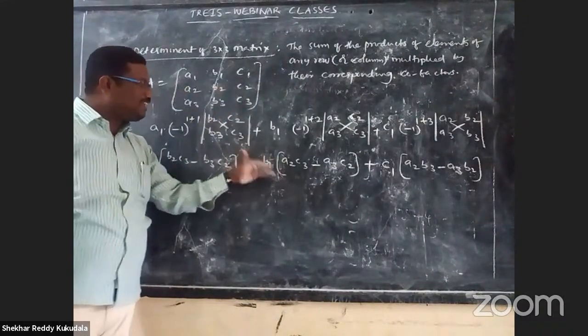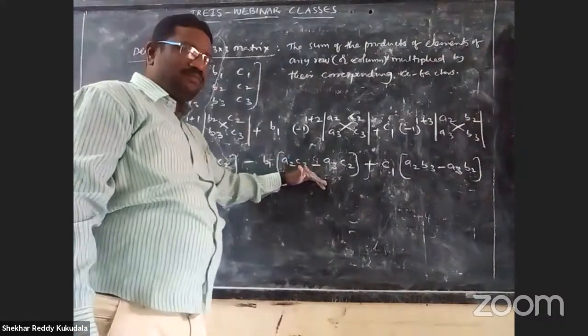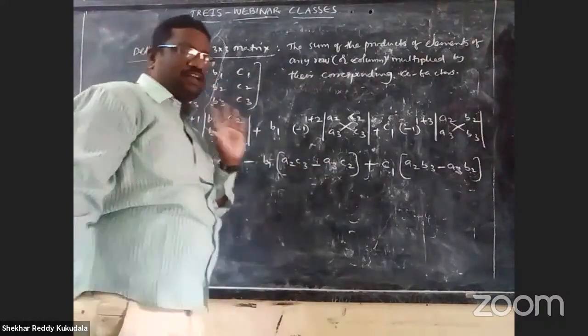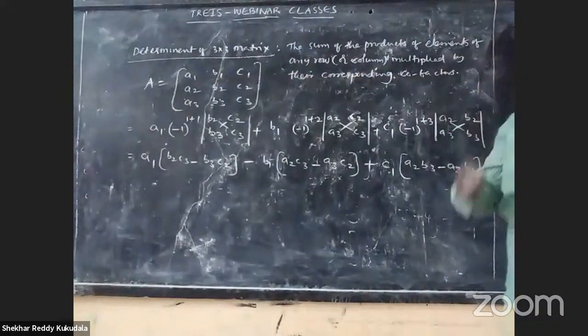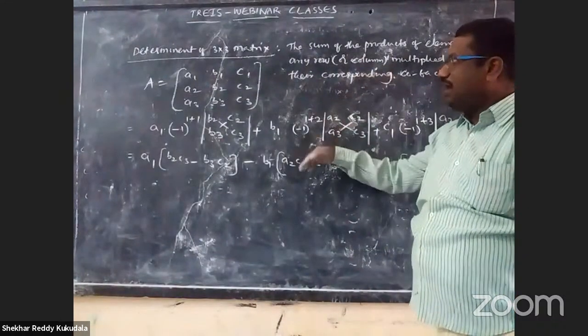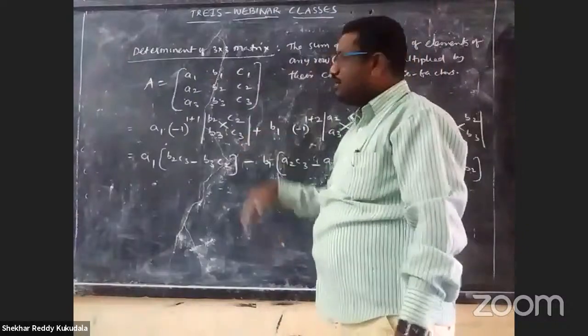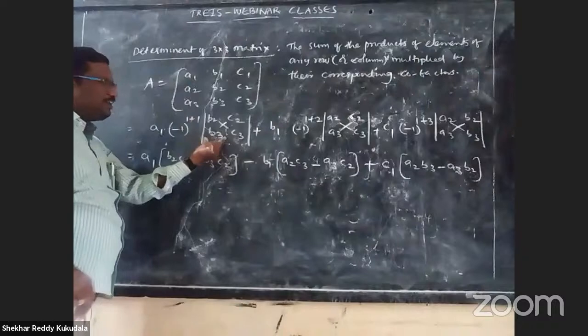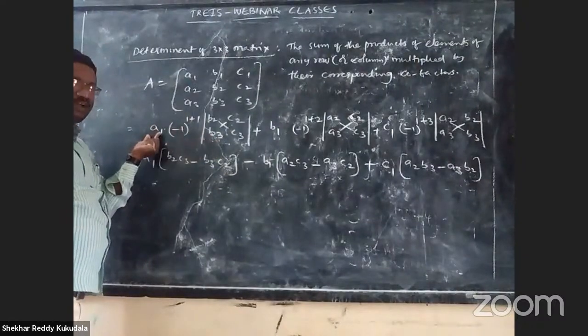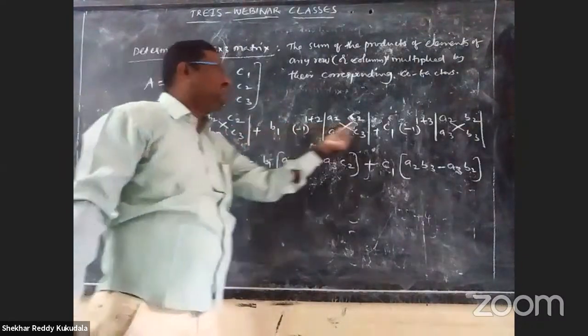In this, what is the logic? Any row's elements or any column's elements we can take; for our convenience, I have taken the first row elements. I have multiplied them with their corresponding cofactors and the sum is done.